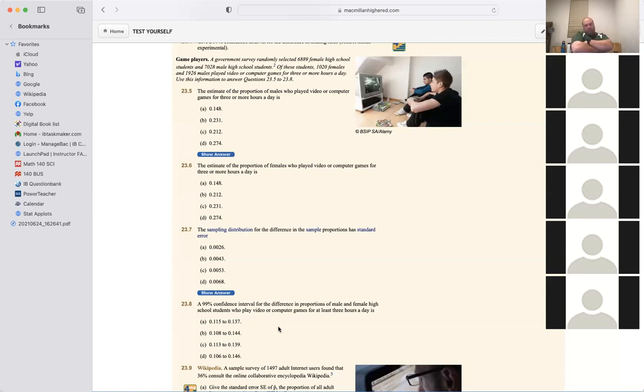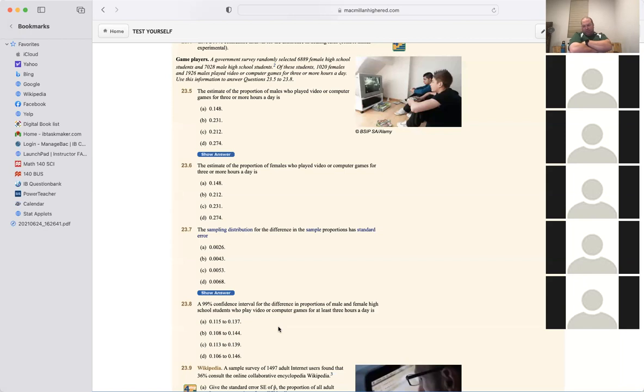And then for my C level, I put the Z level that we were given in class for 99%, which is 2.576. No, the C level is 0.99. You don't put in Z star. You put in the C level, 0.99.